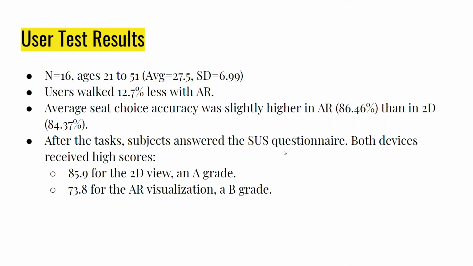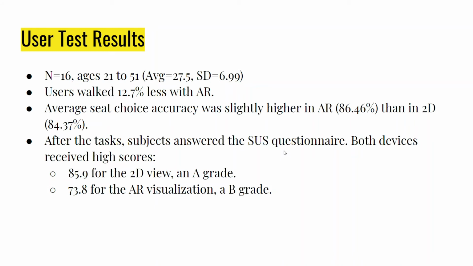As for the tests performed, one at a time, users would receive an instruction to choose a seat based on a set of demands, such as seat with the highest temperature that is accessible on a wheelchair. 6 of these tasks were performed per platform for each participant, with the complexity of the demands being increased in each task.